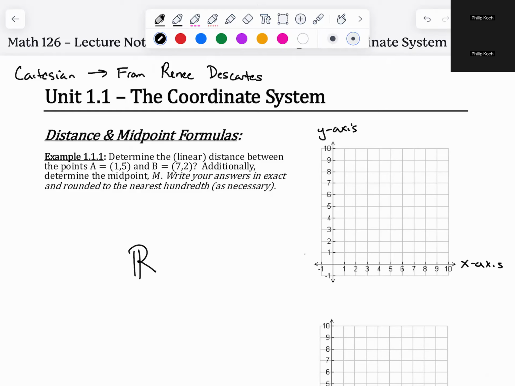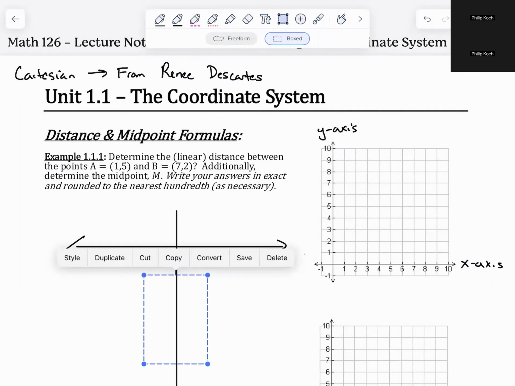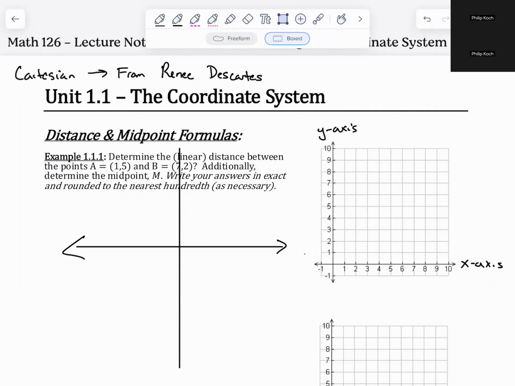When we talk about the coordinate system, we write this because all it is is two R's, two number lines. You take one number line like this, and you take another number line, and you just rotate it, and boom, you've got a grid. That's all it is. That's how we create 2 dimensions.